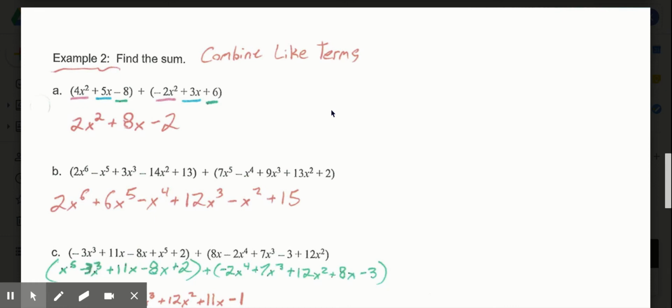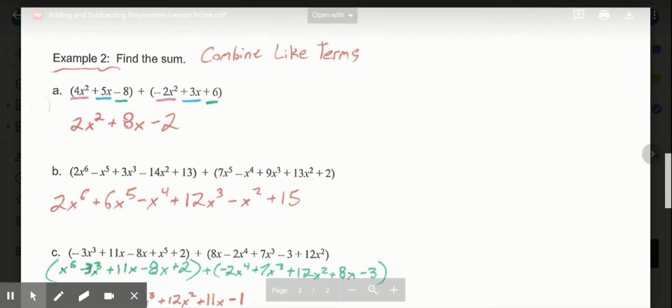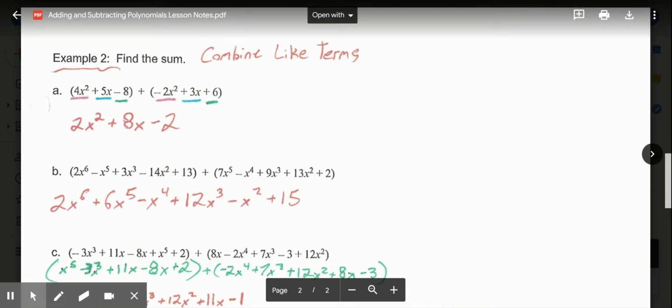So if we look at A, I have 4x squared plus 5x minus 8. So I have an x squared, an x, and no variable. So 3 different terms. My like terms, which I color-coded here, the negative 2x squared can be combined with 4x squared because they have the same variable and the same exponent.